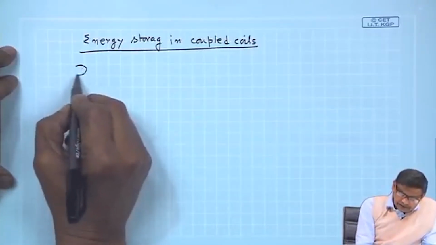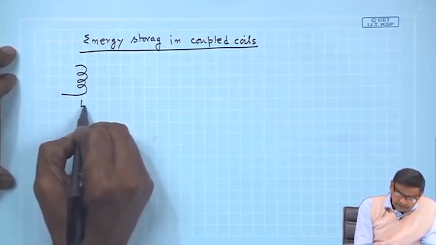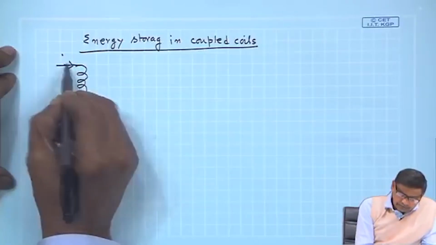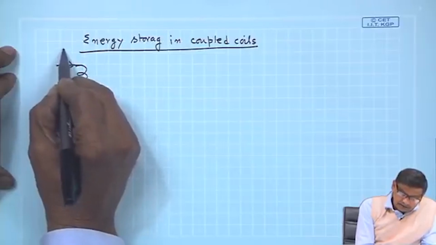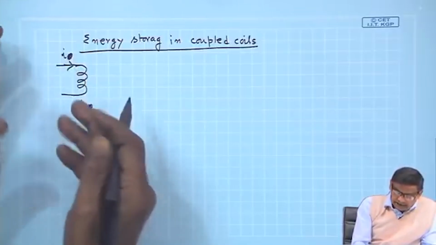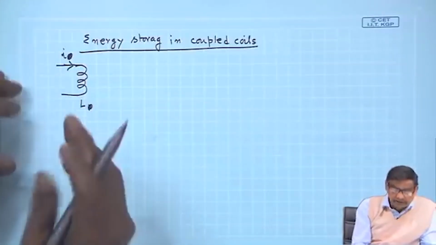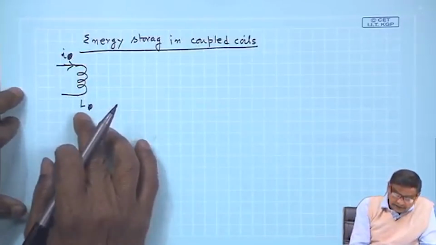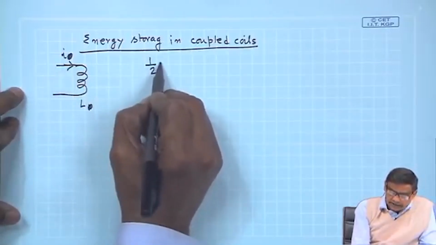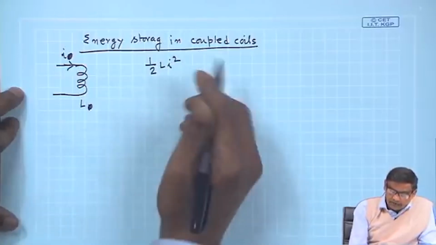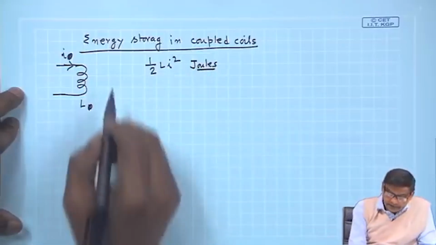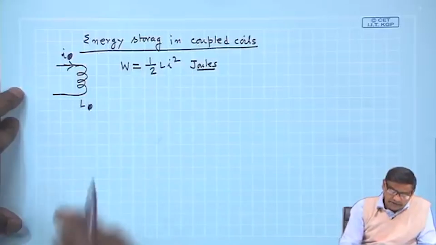If we have a single coil with self inductance L, and it carries a current I, we know that the energy storage is half L I square joules, provided L is in Henry and I is in ampere.